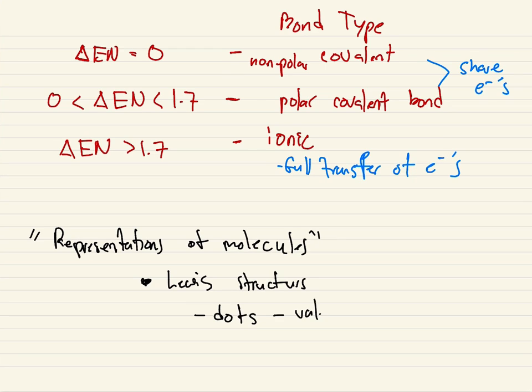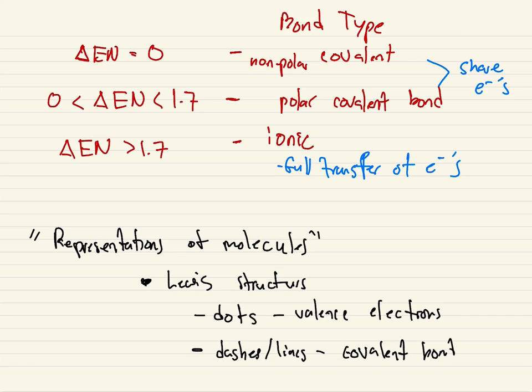Valence electrons. And then dashes or lines, what did those represent? Shared electrons or bonds, right? These were the covalent bonds between atoms. That's what we use the lines to represent.